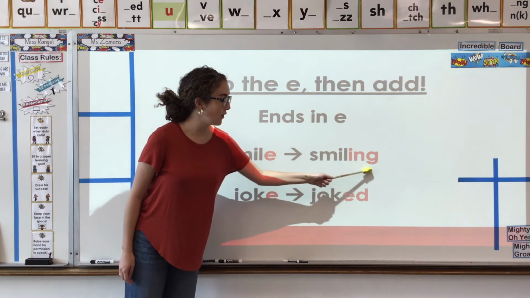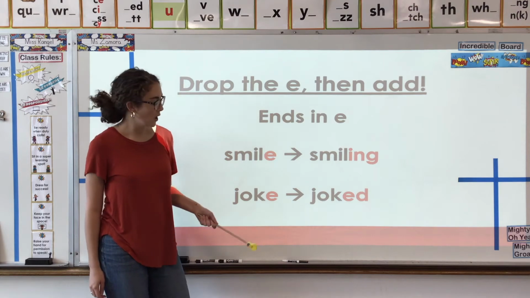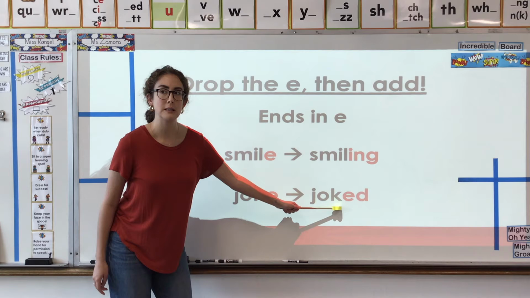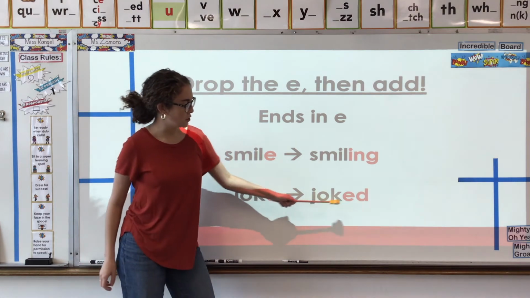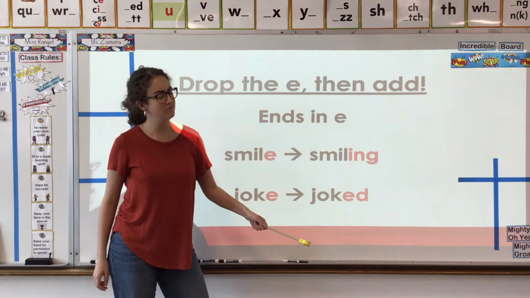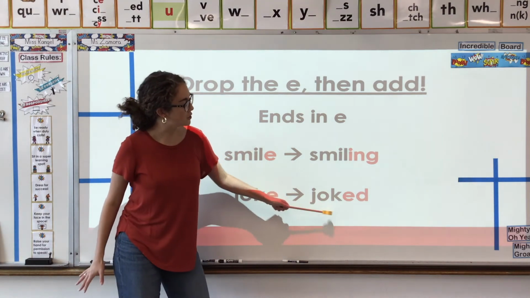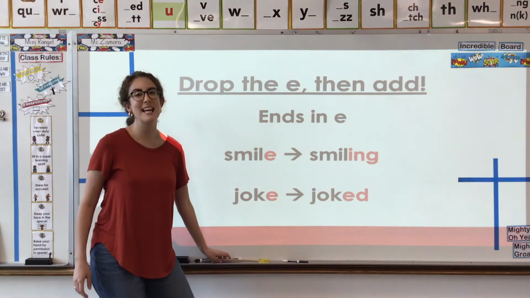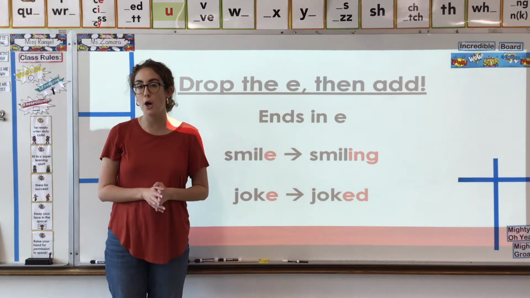The E is from the ed, not from the base verb. So joke becomes, what sound does ed make? Joked. Joked is right. I checked that because I recognized the word joked.